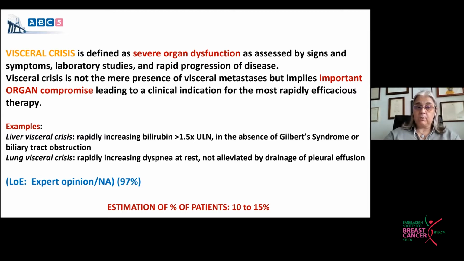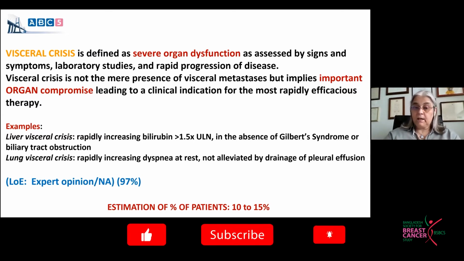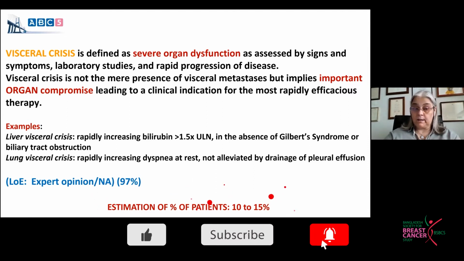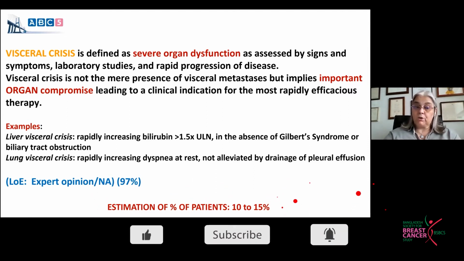So for example, for us to consider a liver visceral crisis, you need not just to have visceral metastasis, and not just to have an increase in transaminases, but you need to have an increased bilirubin of 1.5 times upper normal limit in the absence of an obstruction.